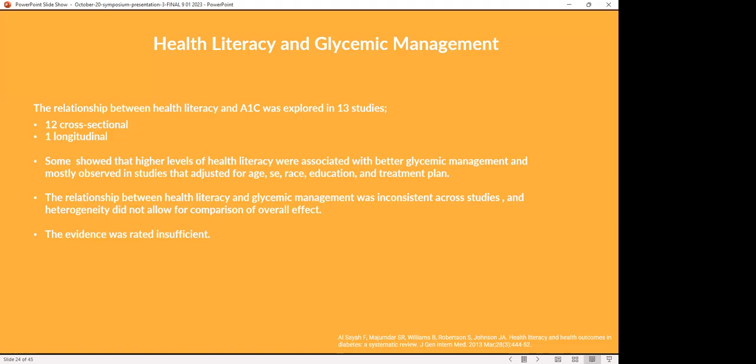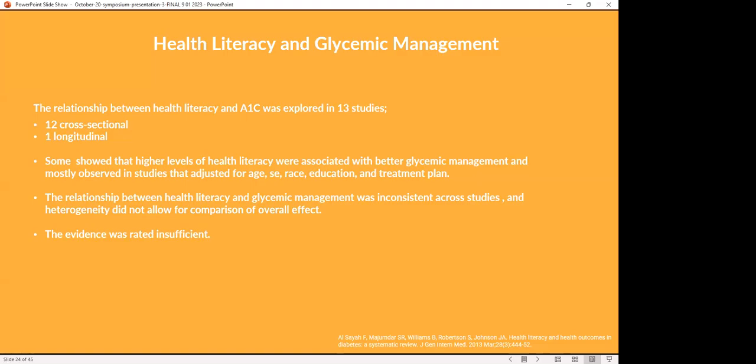So it wasn't really that all of them were comparing exactly the same thing. And I think that's why the evidence was rated insufficient. However, I do feel that there are certain things where it is clear that when there is lack of understanding, when there is lack of an ability to add, subtract, divide, it will hinder.